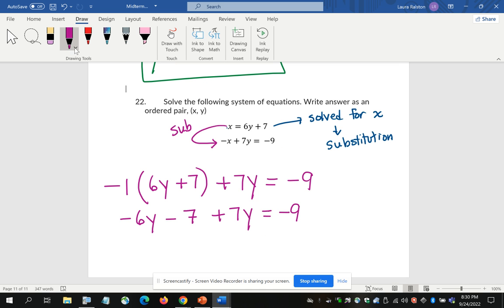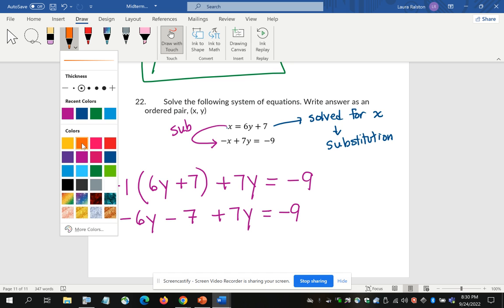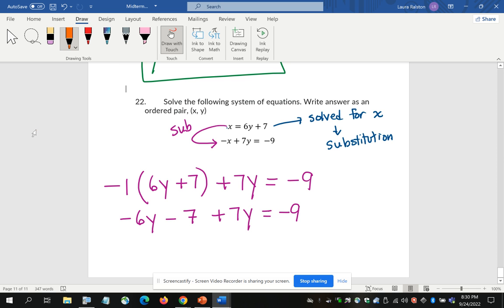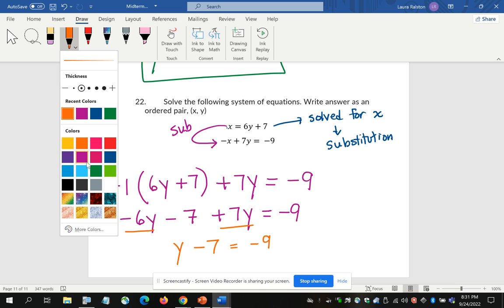Then I need to combine like terms. So I have -6y plus 7y is 1y, minus 7 equals -9. I'm ultimately trying to solve for y, so I'm going to add 7.